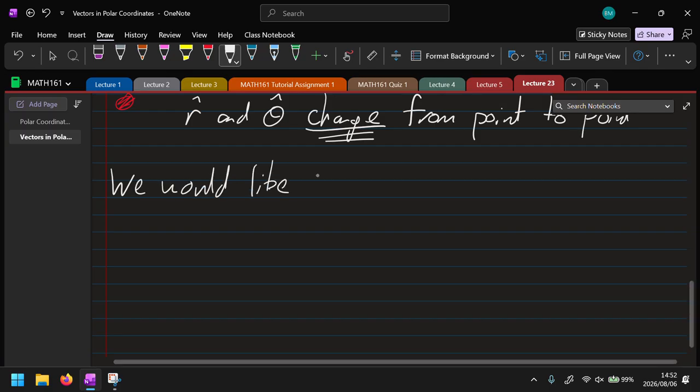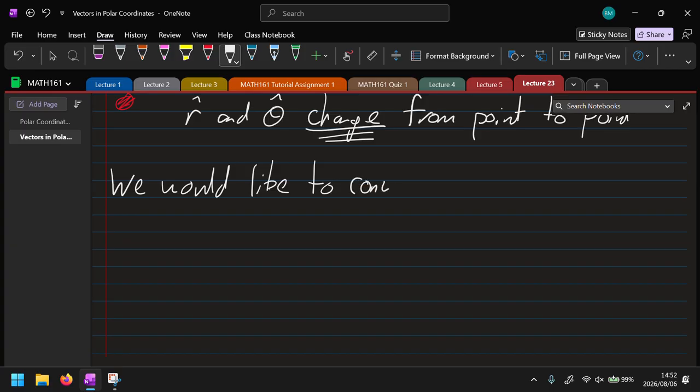We would like to convert the position vector, r with the little vector arrow at the top, the velocity vector, and the acceleration vector. You can do the same with any vectors, but we'll just do it for these three.